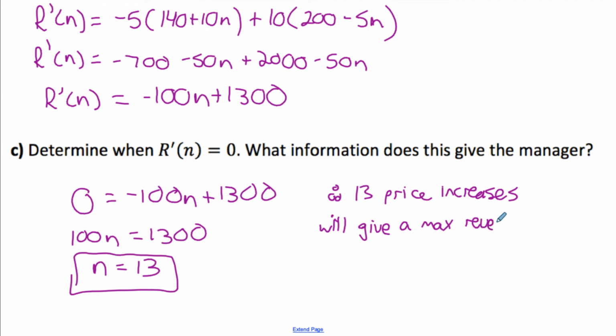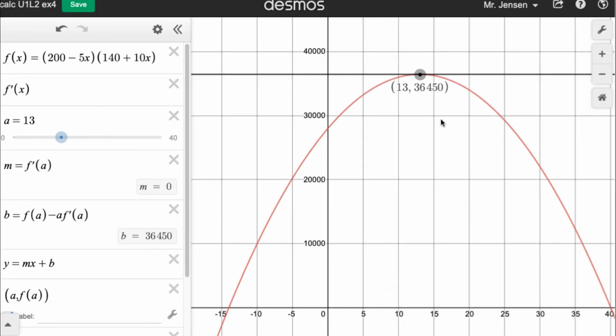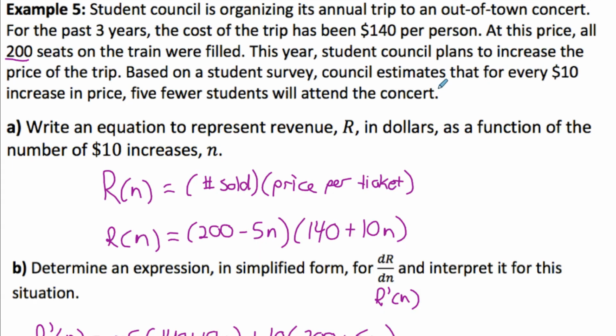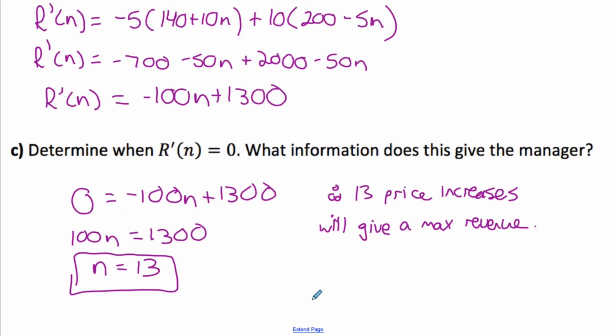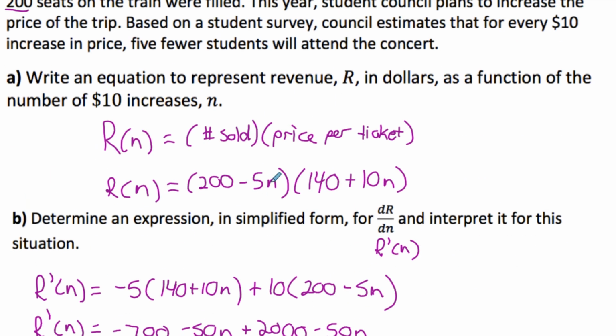And if we want to know what that maximum revenue was, we would just plug 13 into the original function, and according to Desmos, we would get 36,450. If we were interested in how many people are going to come at that number of price increases, just plug 13 into this equation.